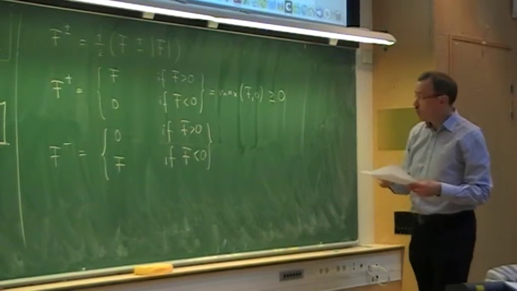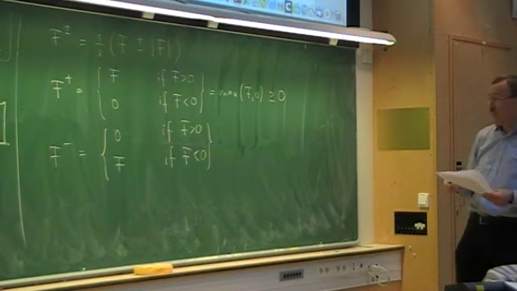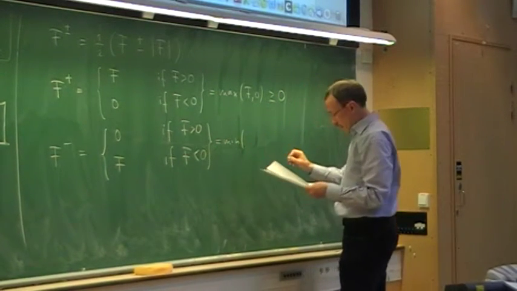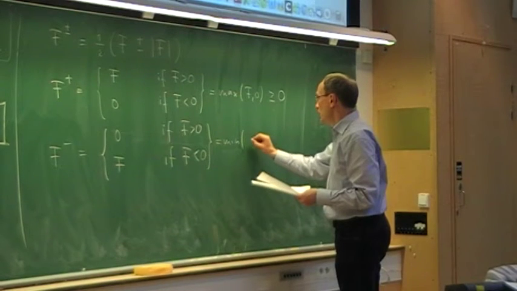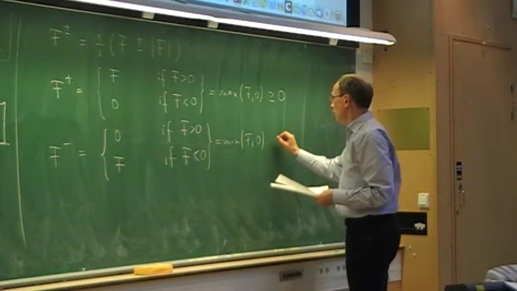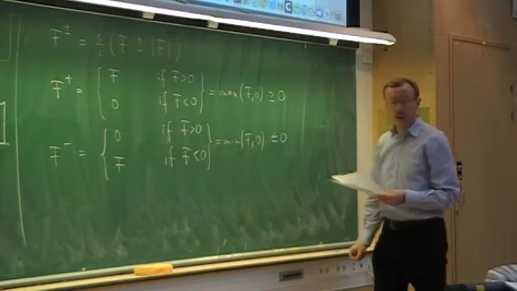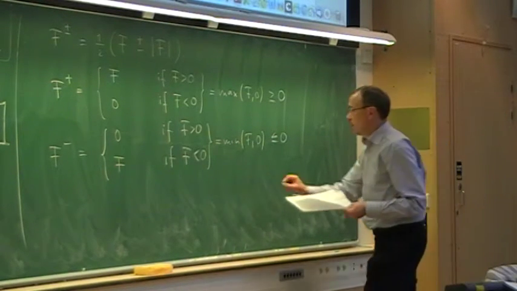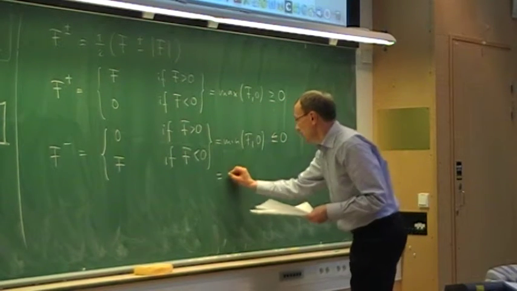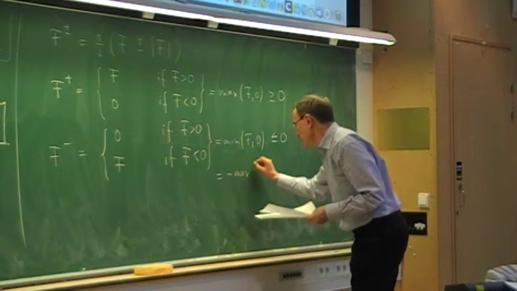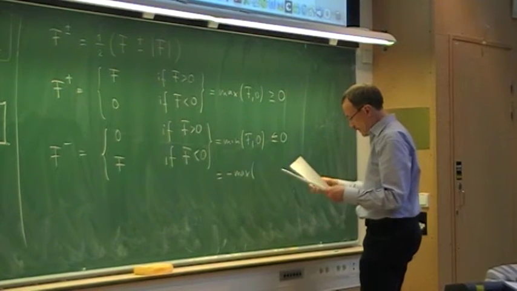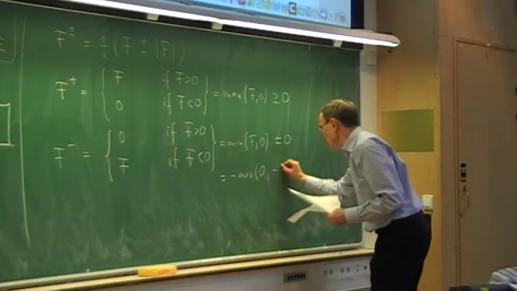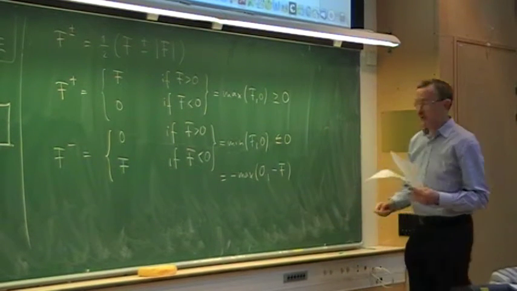And that we can write as the minimum of F and 0. That is in any case smaller or equal to 0. We could also write it, that's also another way, minus the maximum of 0 and minus F. So that will give the same result.